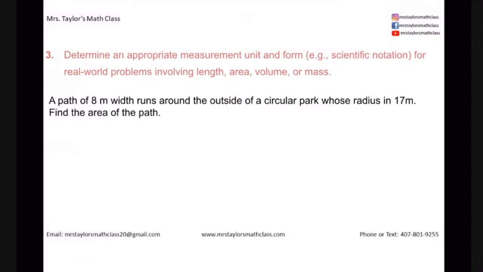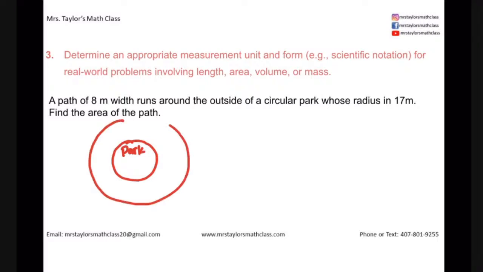It says a path of 8 meters width runs around a circular park. So we're going to do this. This is my park. And then there's a path that goes around it. Okay? It goes around the outside of the circular park whose radius is 17 meters. So the radius from the center like this is going to be 17 meters.